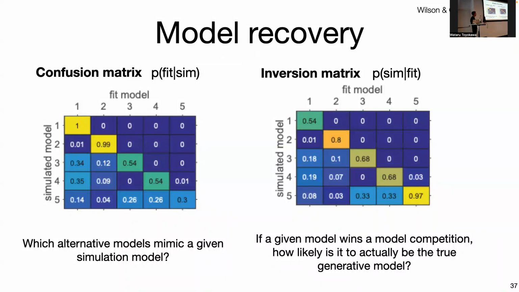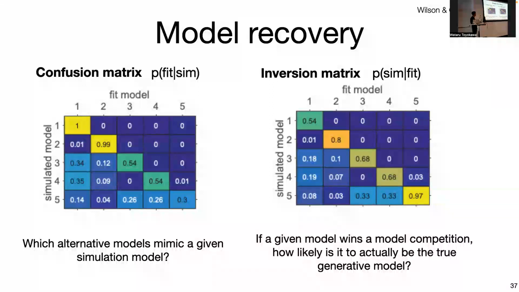So for instance, here we see a different pattern, but what this tells us is, if model 1 is the best fit model, what's the probability model 1 was also the true simulating model? And here we see that maybe it's only 50% likely that it was the true simulating model. There's also some probability that it belonged to one of these other models instead, right?